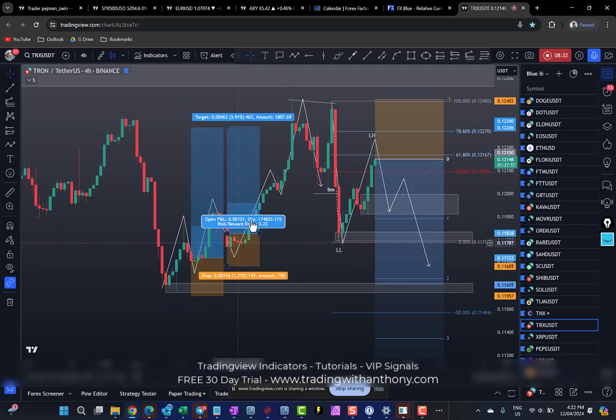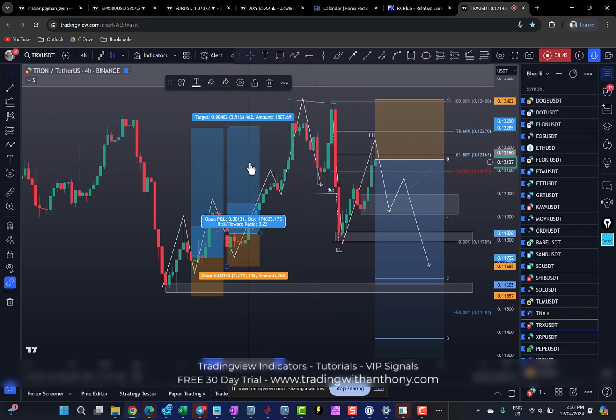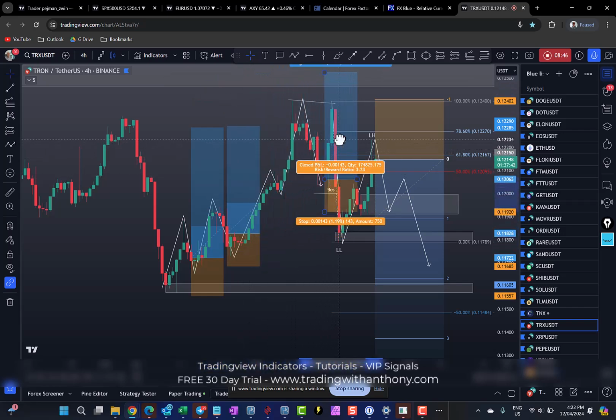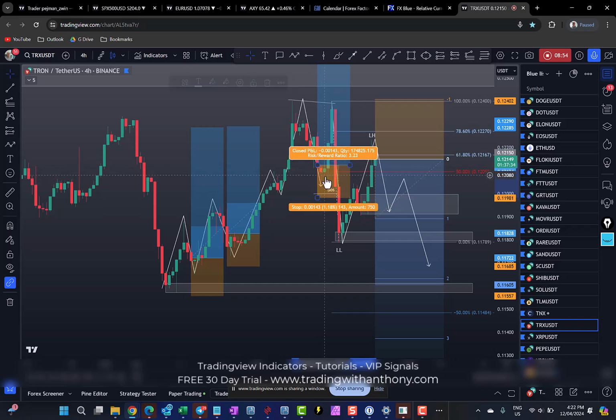Now, we don't really get a decent pullback. I'm looking for the fib retrace, and we don't get that here. So we'll let that go. Then we get this one, and that is an entry. Okay, so we get our fib retrace down. Okay, swing low, swing high, pull back, 50 to 61.8 fib retrace, stop below the low.